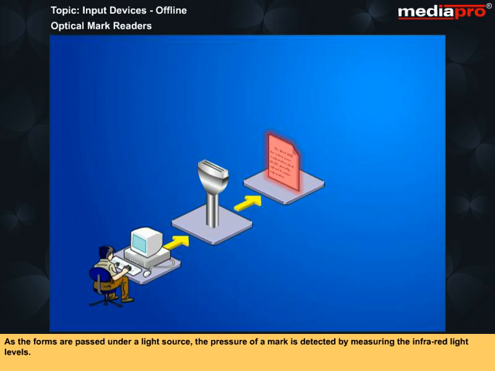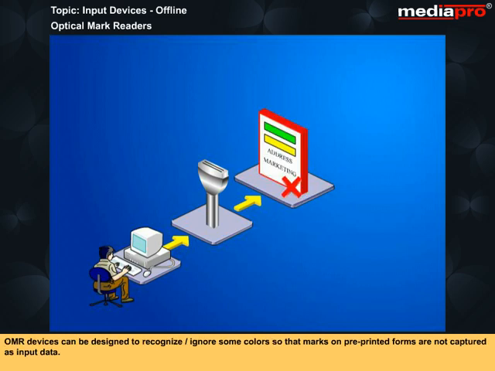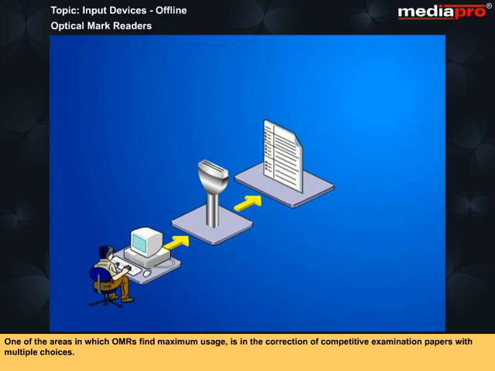As the forms are passed under a light source, the presence of a mark is detected by measuring the infrared light levels. OMR devices can be designed to recognize or ignore some colors so that marks on pre-printed forms are not captured as input data. One of the areas in which OMRs find maximum usage is in the correction of competitive examination papers with multiple choices.